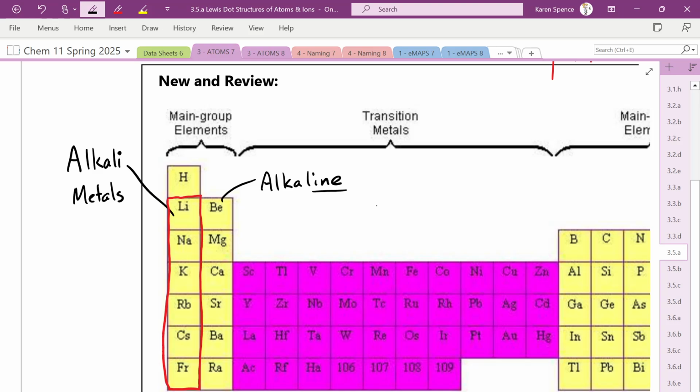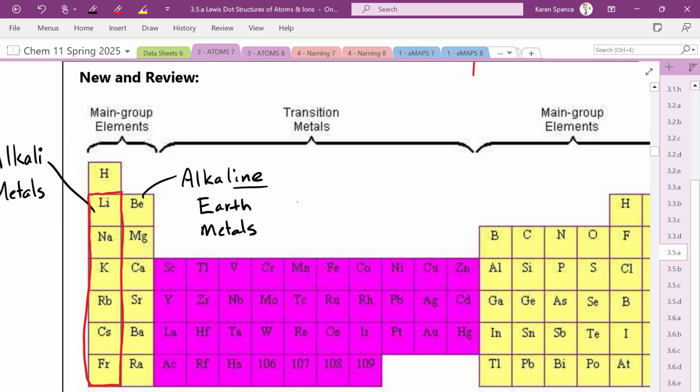But alkaline is bigger in another way as well, because it's not just 2 words, it's 3 words. What's the second word? Earth. Metals. So we've got our alkali metals and our alkaline earth metals.